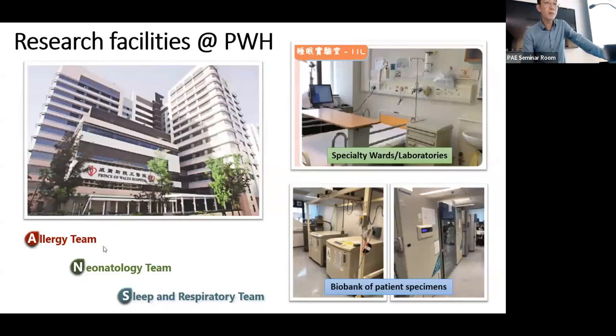We have 3 teams currently here: the allergy team, the neonatology team, and sleep and respiratory medicine. Inside the Prince of Wales Hospital, we have some specialty wards, and as Kate will present to you, we have some specialty laboratories for the clinical sciences, such as the sleep lab and the food challenge lab.